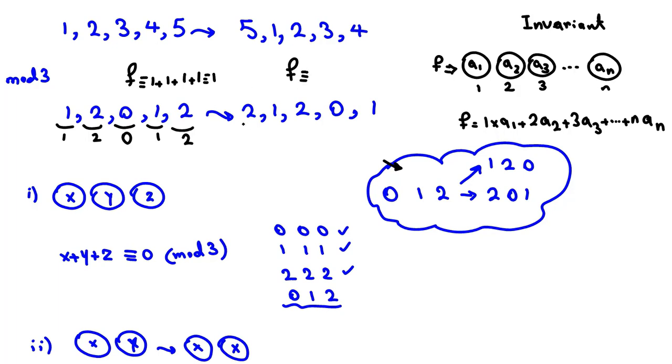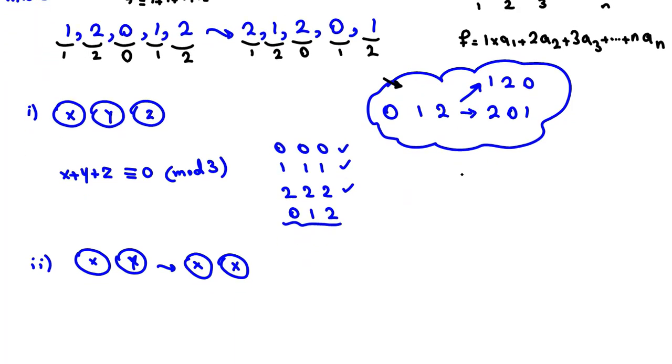Here, it is 1, first place, second place, third place, again, fourth place, second place. It will be 2, 2, 2. So it will be 2 plus 2 plus 2, which is 6, which is 0. So f is 0. Now, I want to prove that f won't change under these actions.